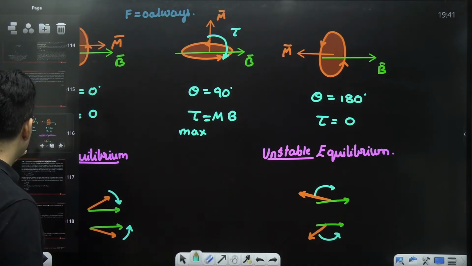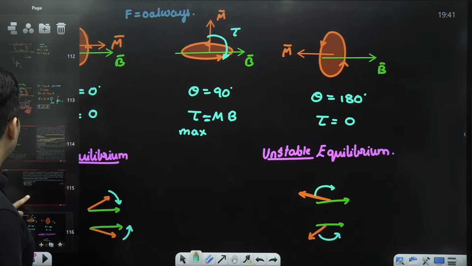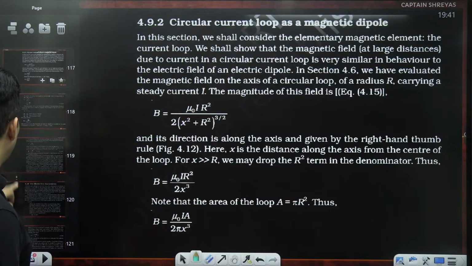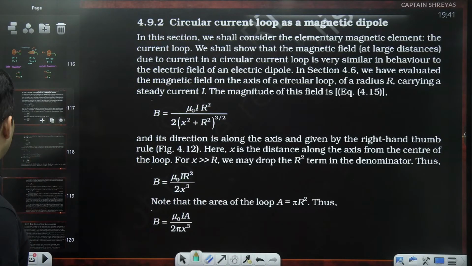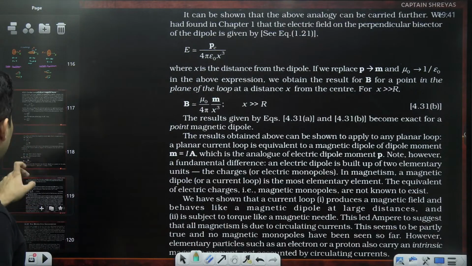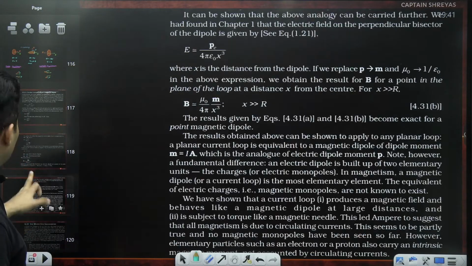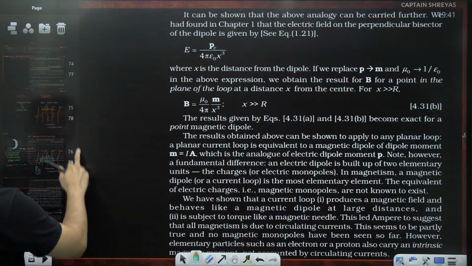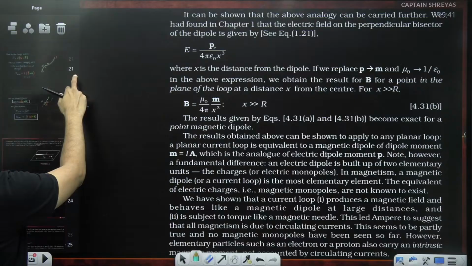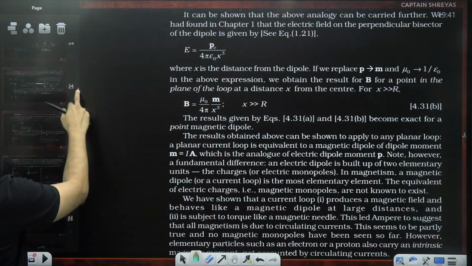All right, cool. So that is what is important over here. Now let's go to the next point, which is circular loop as a magnetic dipole. And this equation might look confusing at times. So let me go back to this particular page. Field due to a coil.